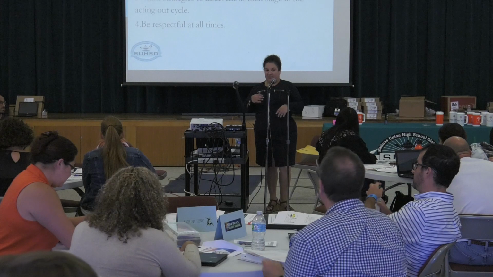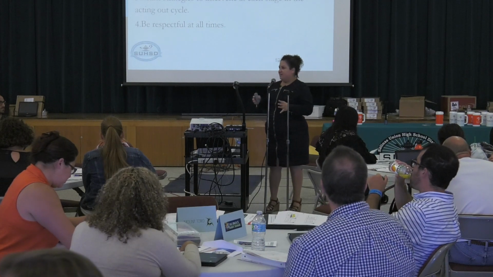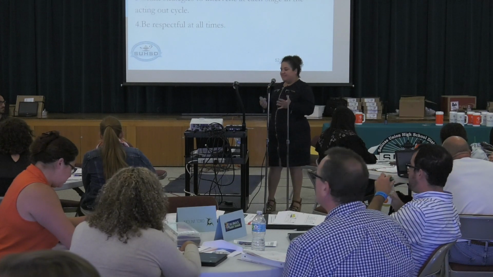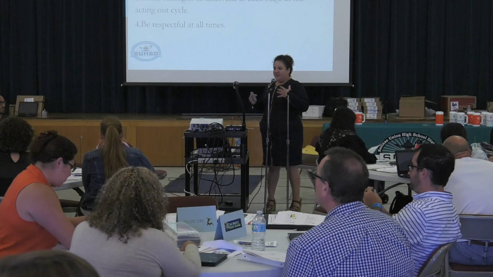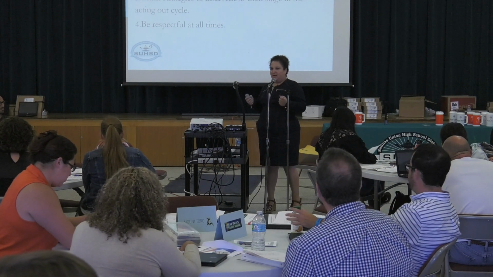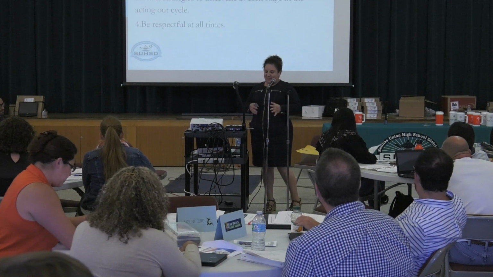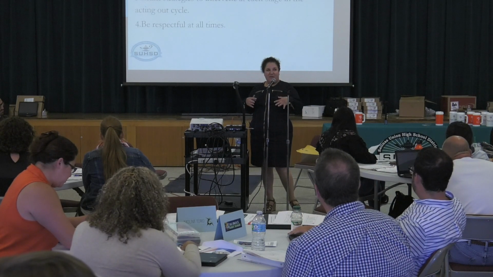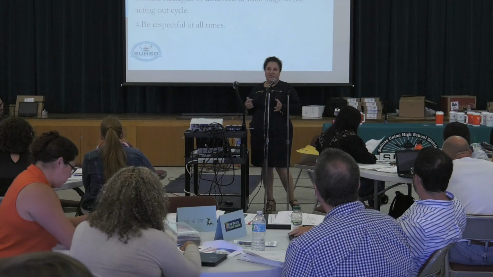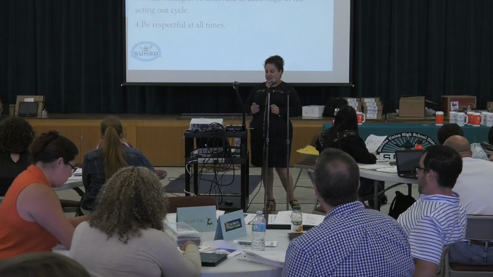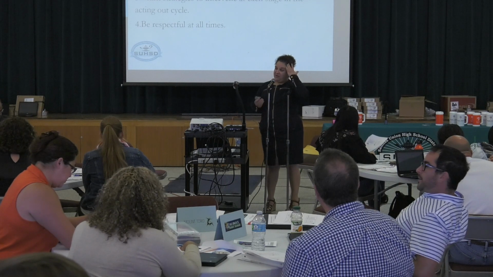And then also we want to provide them respect, because we know that oftentimes they might come from, and you'll hear more about, trauma. A lot of our students in our district are exposed to lots of trauma. So how can we be respectful and find alternative ways of dealing with students? I think those are the key pieces that we need to think about when we think about our Tier 3 students.